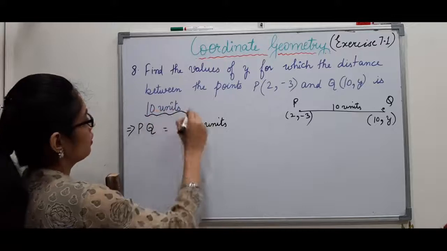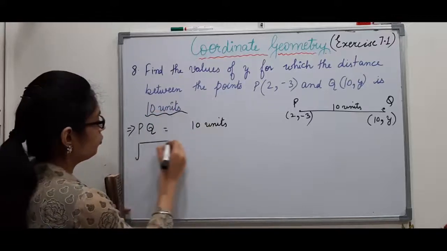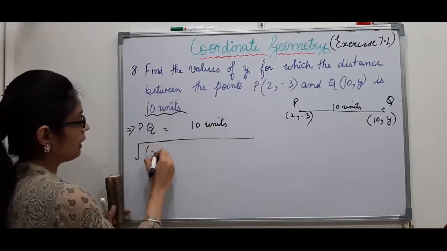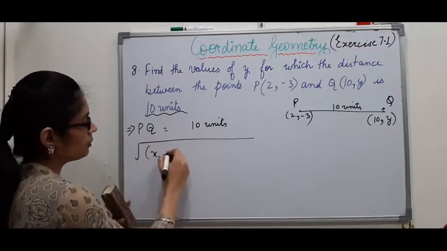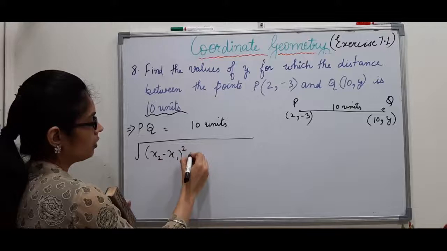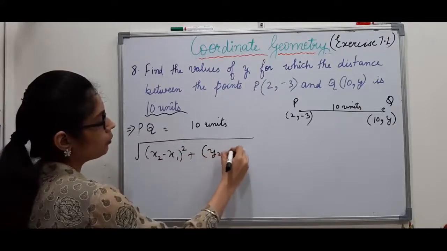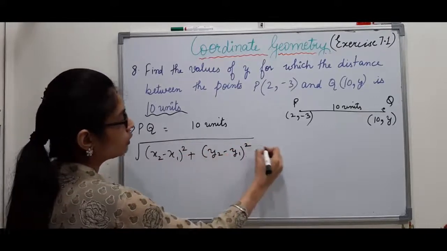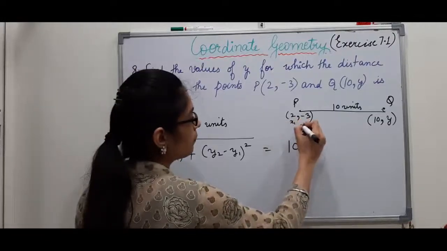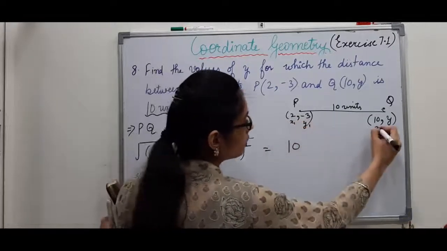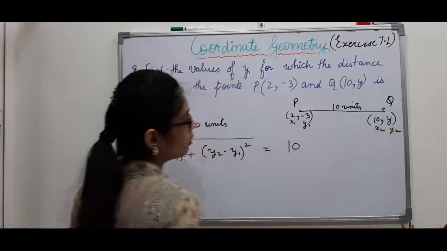See, so formula I will apply, distance formula I have to apply here: square root of x2 minus x1 whole square plus y2 minus y1 whole square is equals to 10. So this is your x1 y1, this is x2 y2.